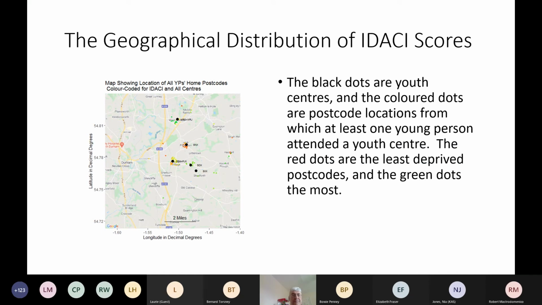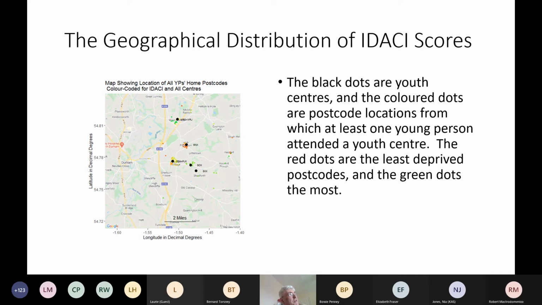Right, now, this is a map of the geographical area, and the black dots are the youth centres. The coloured dots are postcode locations from which at least one young person attended a youth centre. The red dots are the least deprived postcodes and the green dots are the most. The rationale for the colouring system was in the computer program I used.